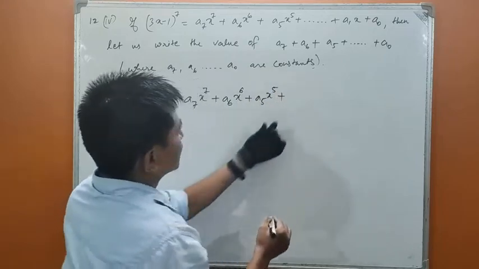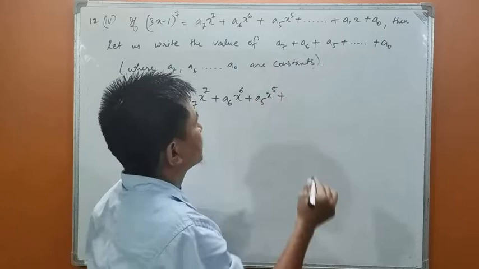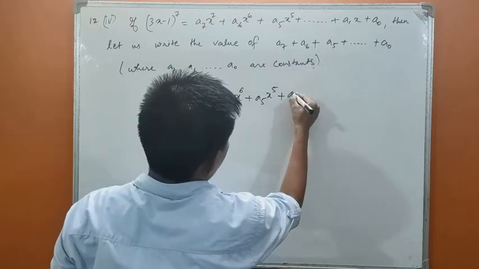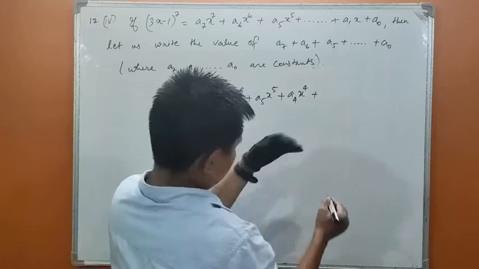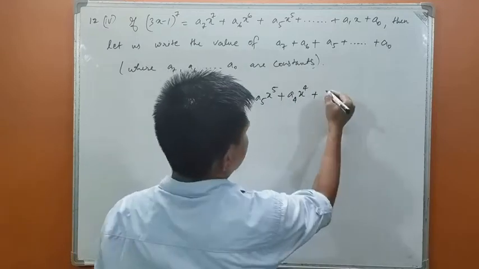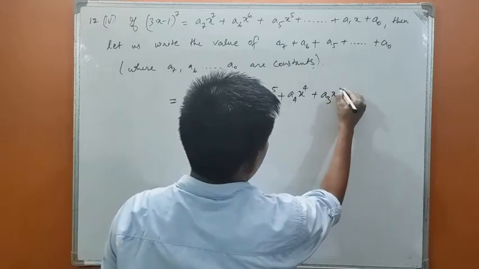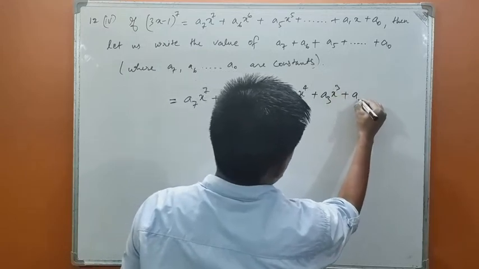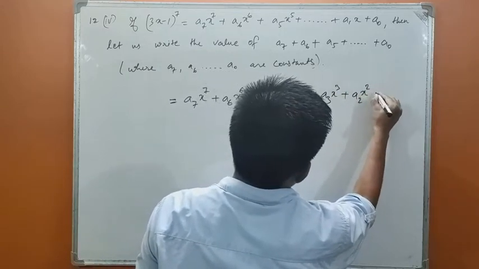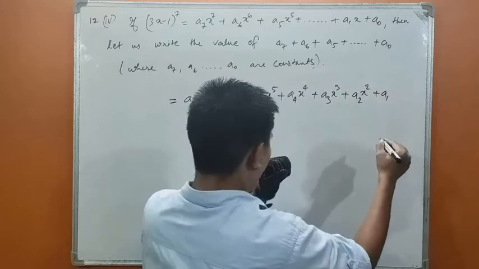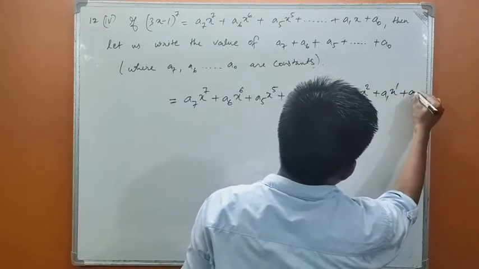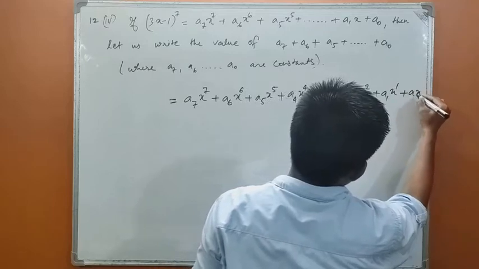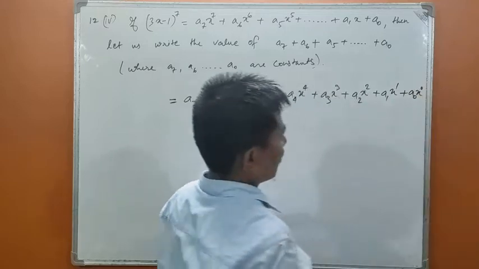Now comes the term that is not written in the question, but if I write, the term will be a4 x to the power 4 plus a3 x to the power 3 plus a2 x to the power 2 plus a1 x to the power 1 plus a0 x to the power 0, isn't it?